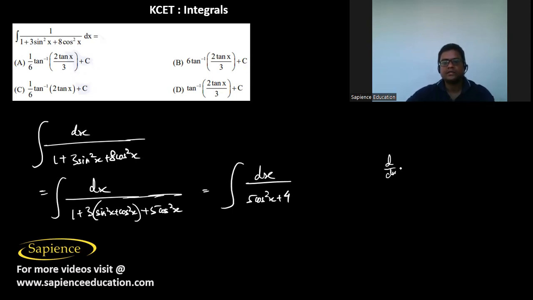So now we know that d by dx of tan inverse x is 1 by 1 plus x square.